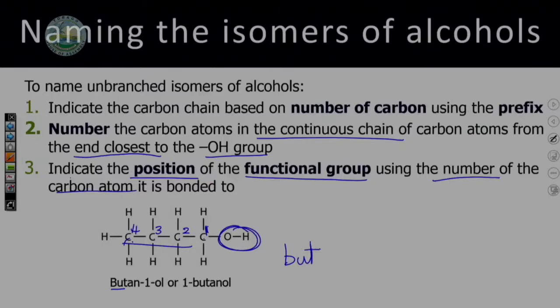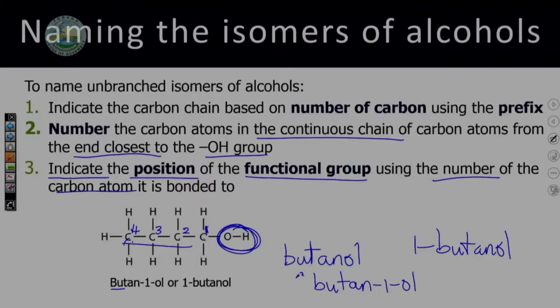Since it's an alcohol, we add anol to it. Now we need to indicate the position of the OH group, so I use the number of the carbon it's bonded to. So instead we're going to call it butan-1-ol. Or in simpler terms, you can call it 1-butanol.